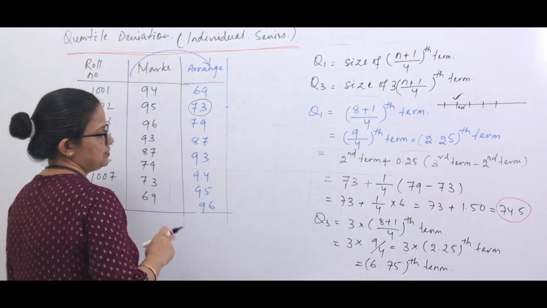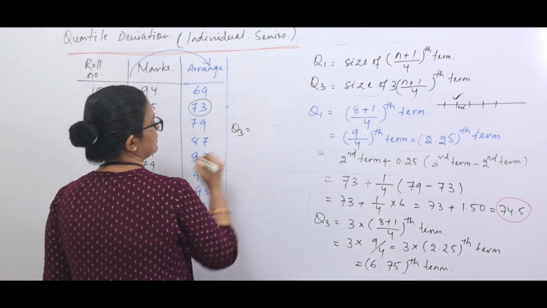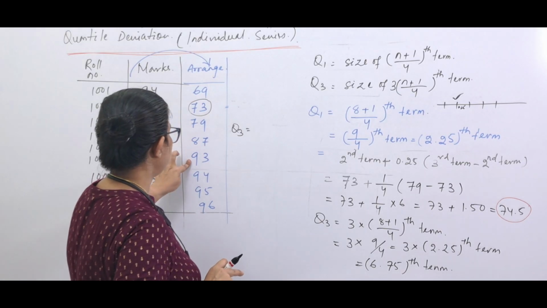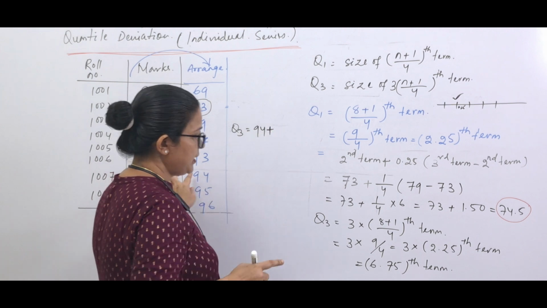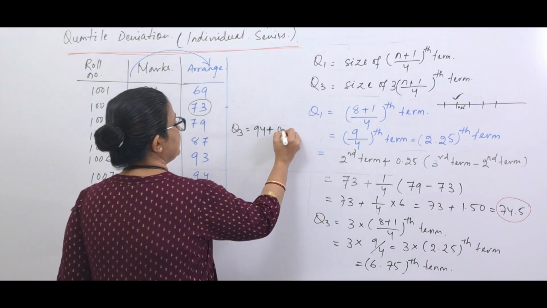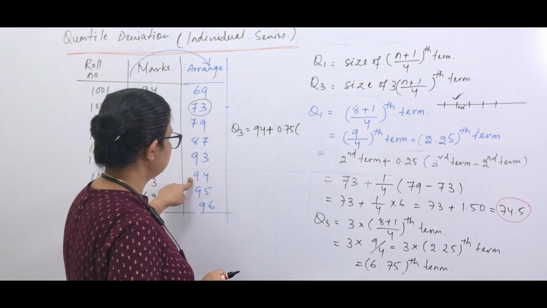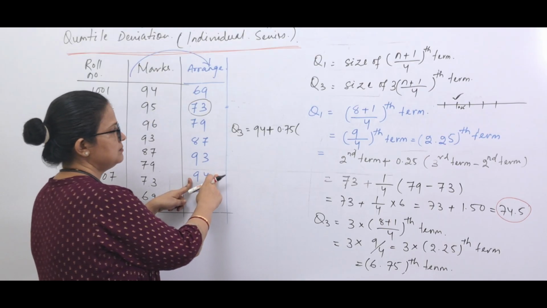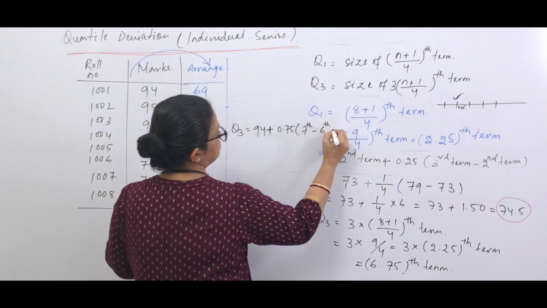If you see here, what is our sixth term? The sixth term is 94, plus 0.75 of what? 0.75 of seventh term minus sixth term.